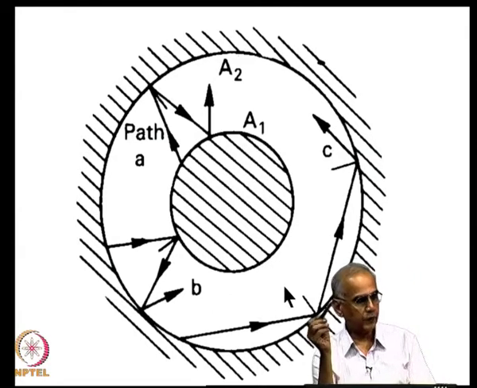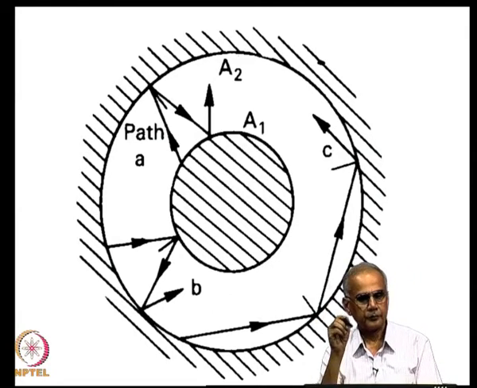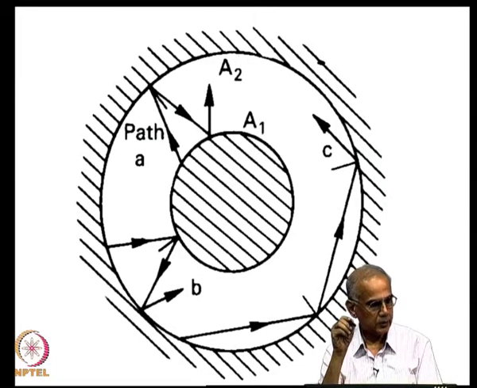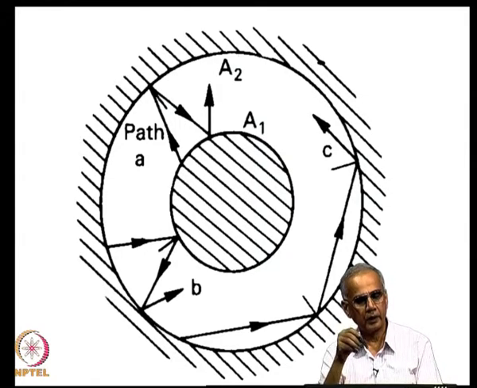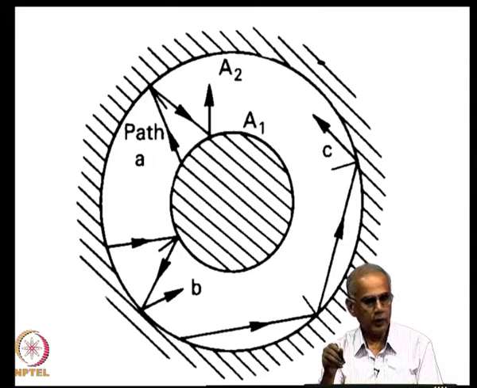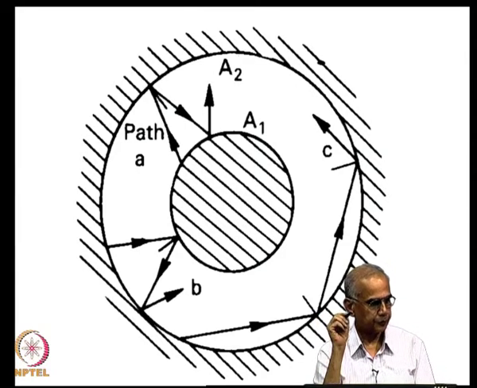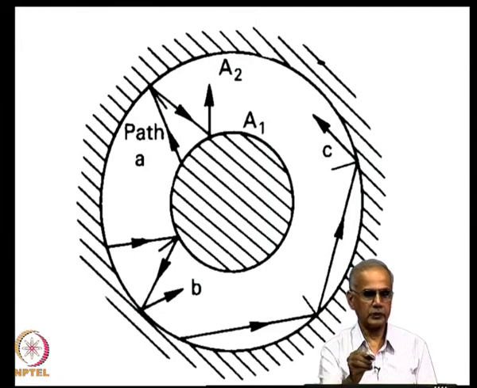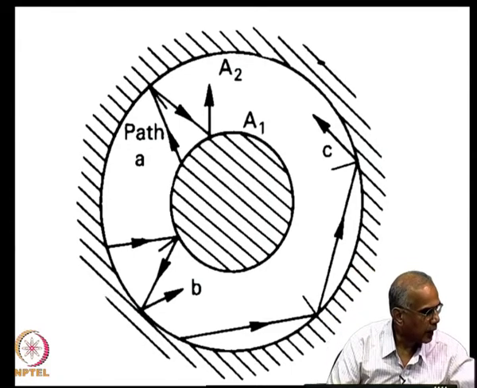So, there are two kinds of rays: one which is reflected between 1 and 2, and the other which, after emission by 2, remains only in 2. Let us keep that in mind, and look at surface 2 and calculate.